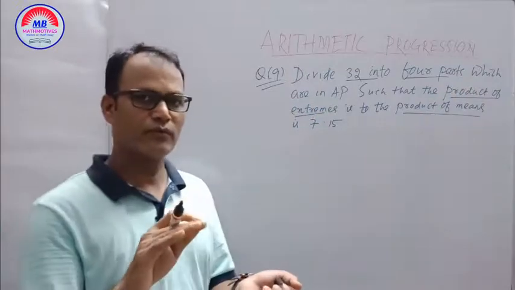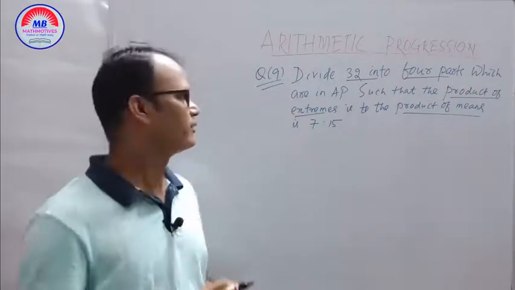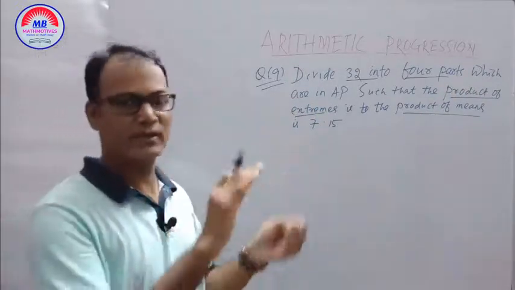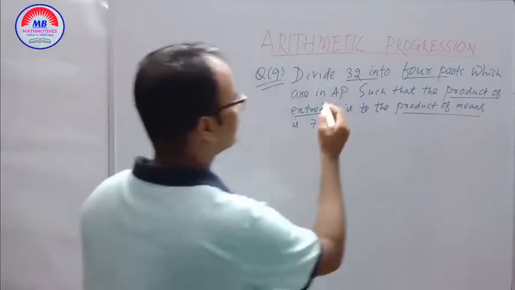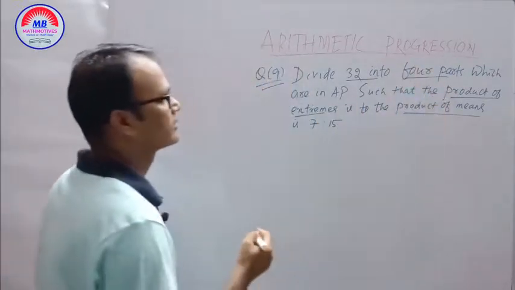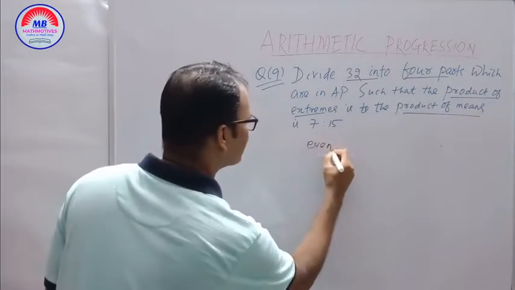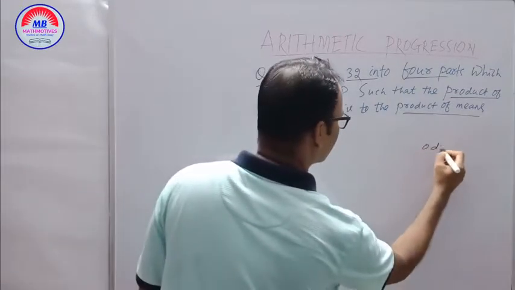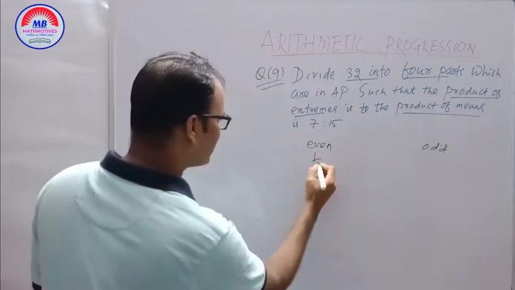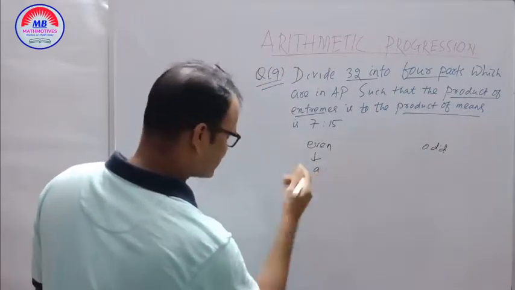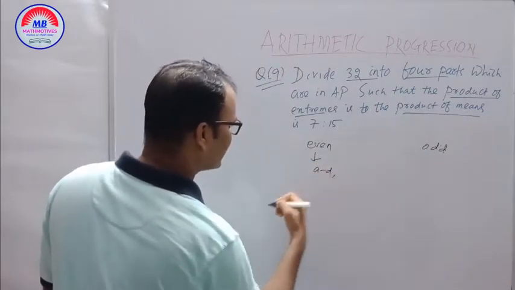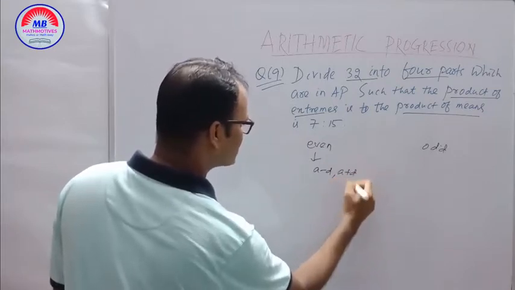I have told you before in my last video, in the description video part 2, that when the numbers are terms of AP, the number of terms is even or odd. When even, we can take the middle terms a minus t, a plus t.